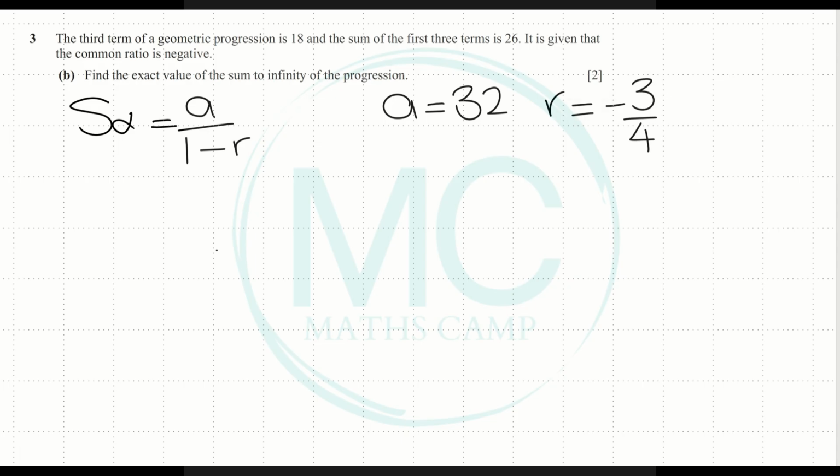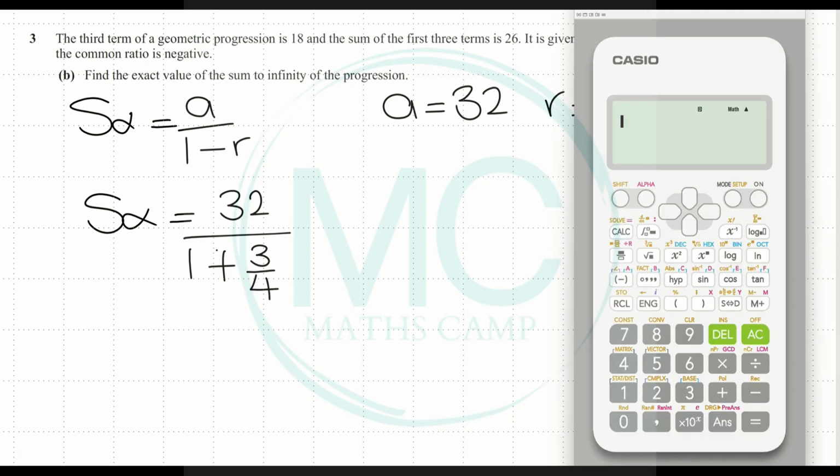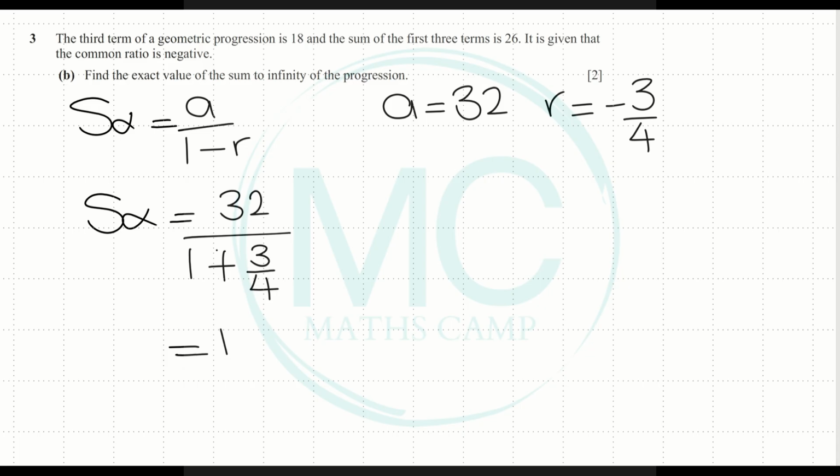So for the sum to infinity, we get 32 over 1 minus negative 3 over 4. We can put this into your calculator. 32 over 1 plus 3 over 4 is equal to 128 over 7. This is our sum to infinity.